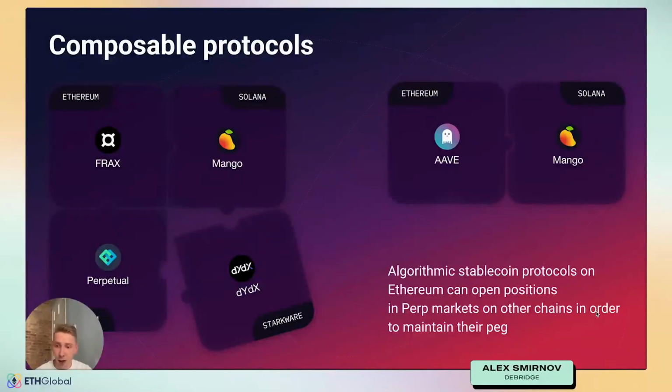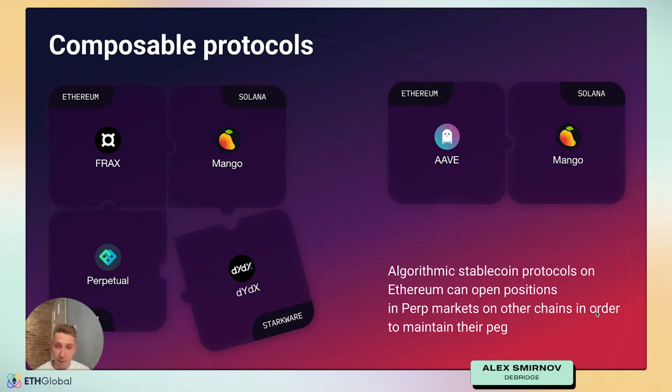The protocol where the position will be opened is picked based on the funding rate. So the better the funding rate, the more positions are opened, right? And that allows this stablecoin protocol to be way more capital efficient, since it's not tied or locked by one single perpetual protocol, but it can diversify the positions that are open across different perpetual markets.